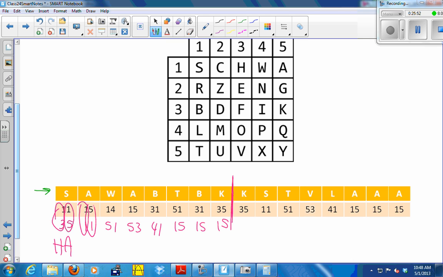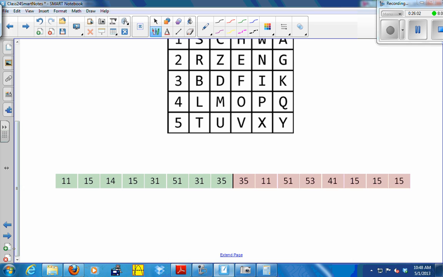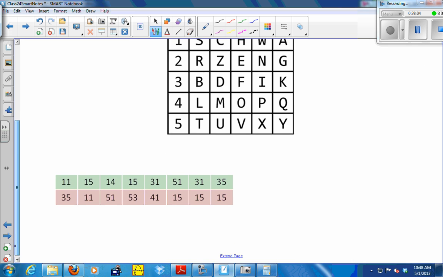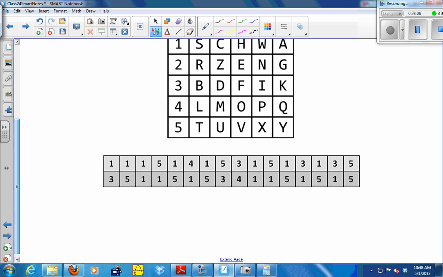So I have it written a little nicer. Break it in half. Put one underneath the other. Now I'm reading them vertically.